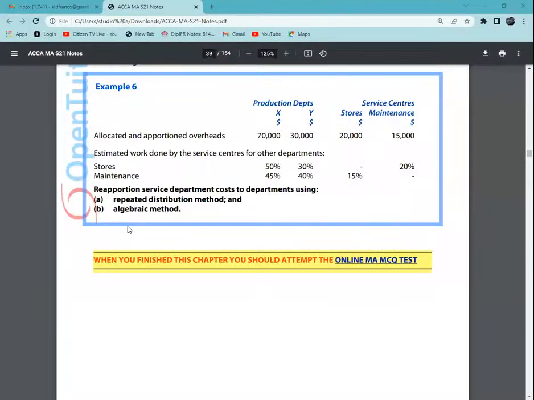Looking at this question, they want us to reapportion service department costs to maintenance using the algebraic method.